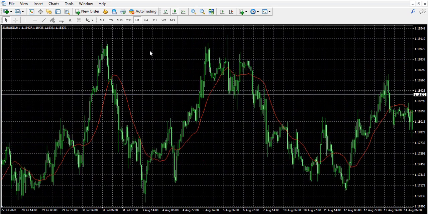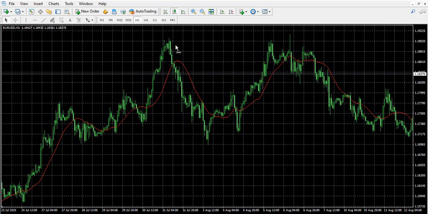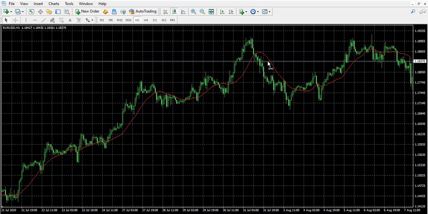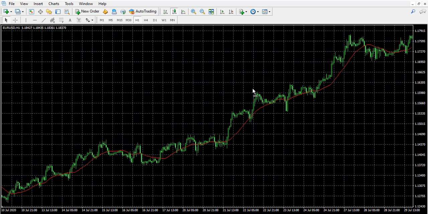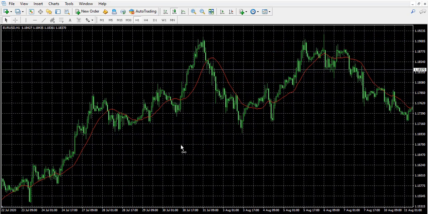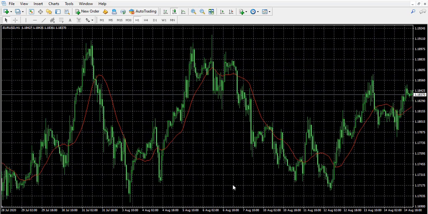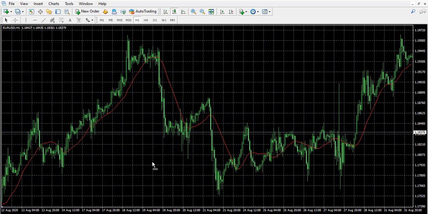So let me start from here now. As you can see, our moving average, our SMA, runs across the candlesticks, runs upward and runs downward across our candlesticks.